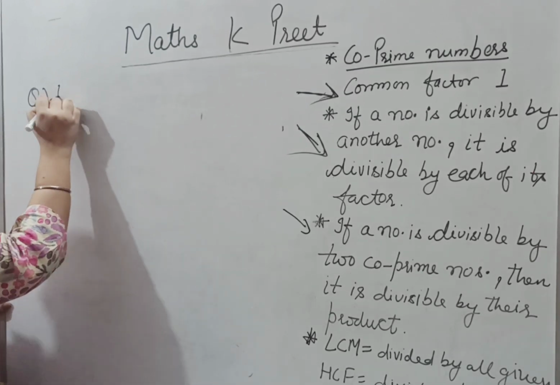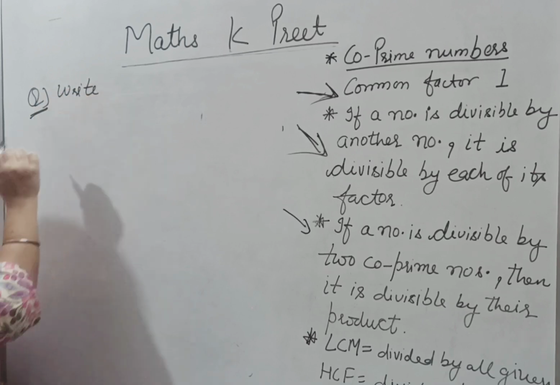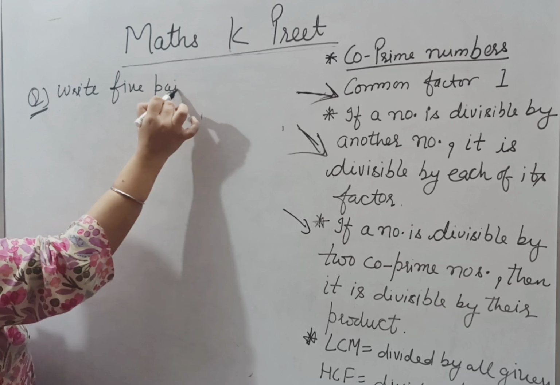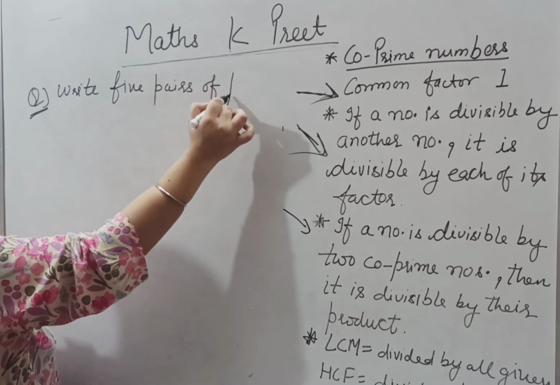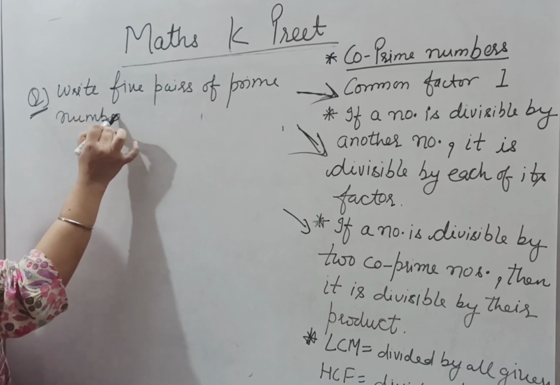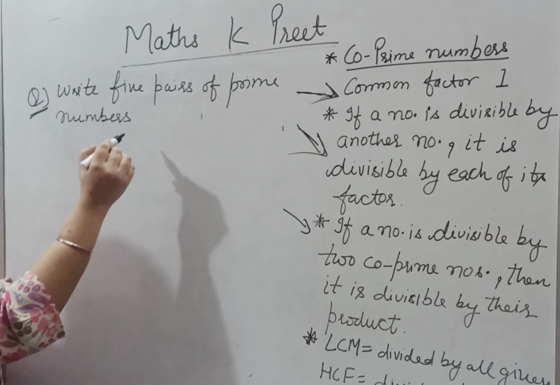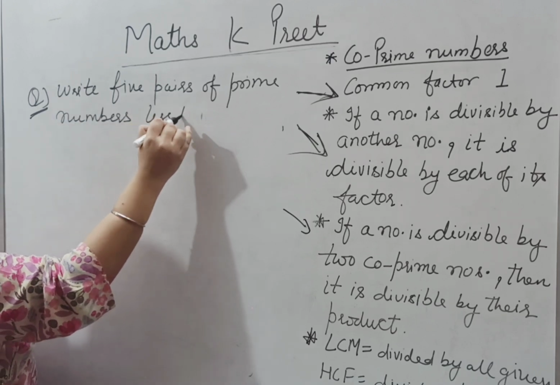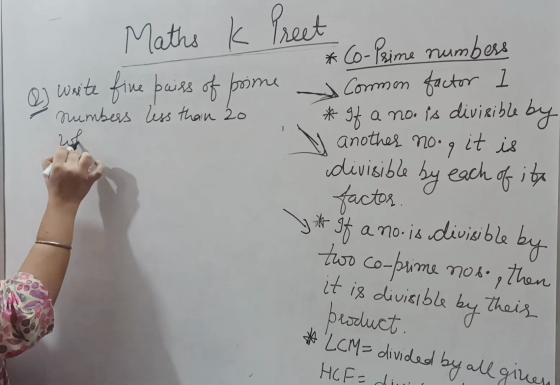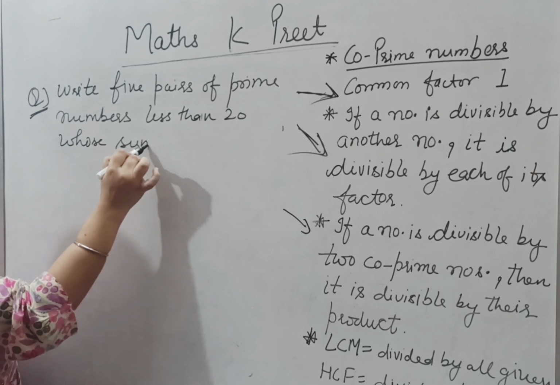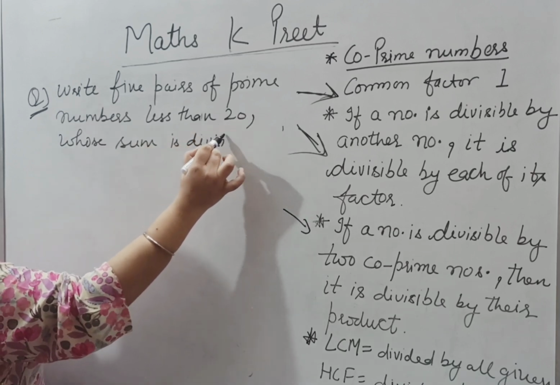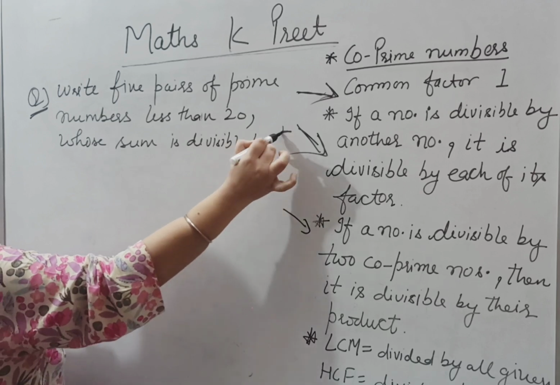The question says: write 5 pairs of prime numbers less than 20 whose sum is divisible by 5.